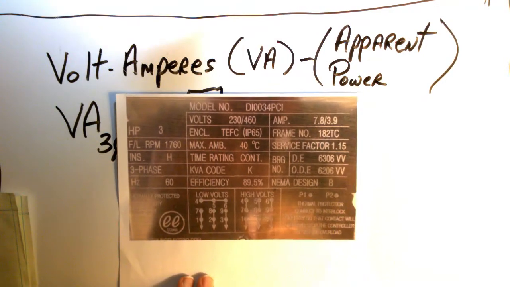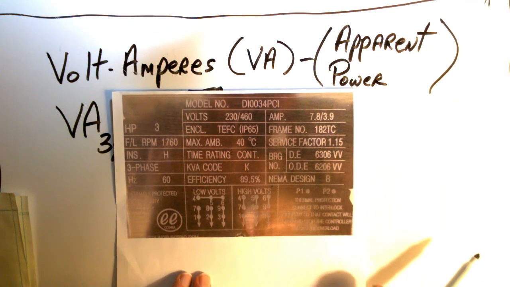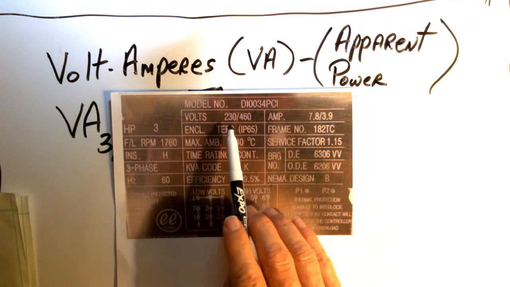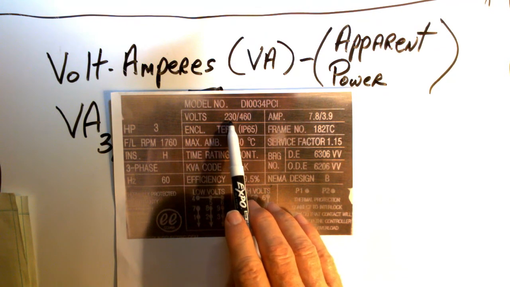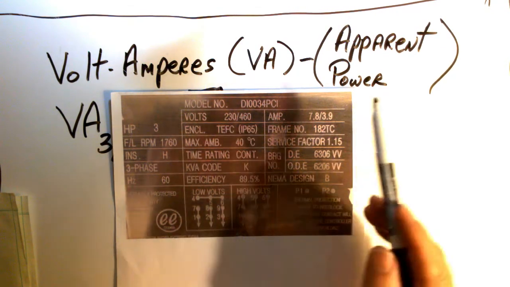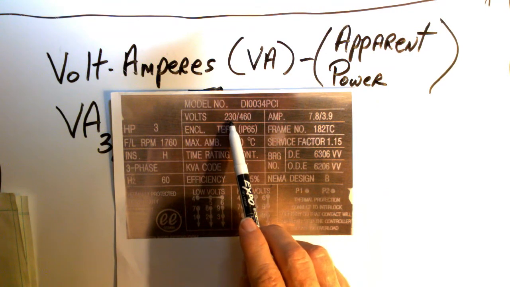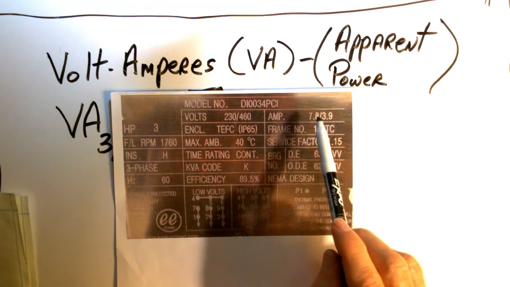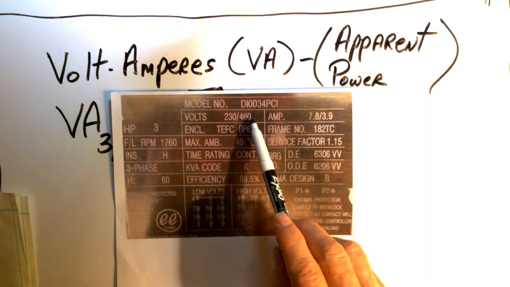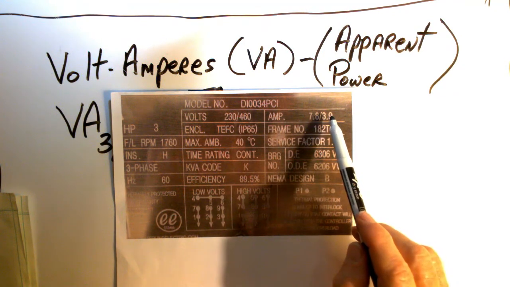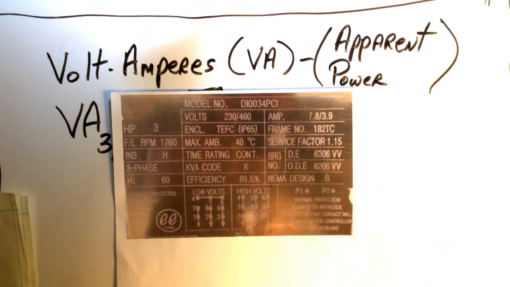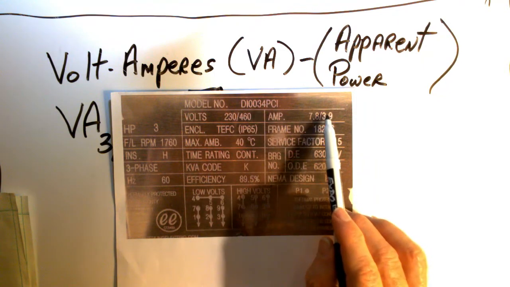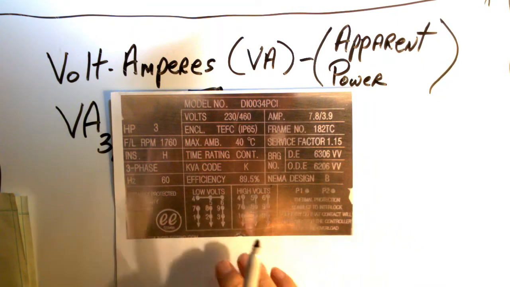We've got a choice of 2 voltages, 230 volts and 460 volts. For 230 volts at full load, we will draw 7.8 amperes. For 460 volts at full load, we will draw 3.9 amperes. So the 7.8 belongs to the 230 and the 3.9 belongs to the 460.